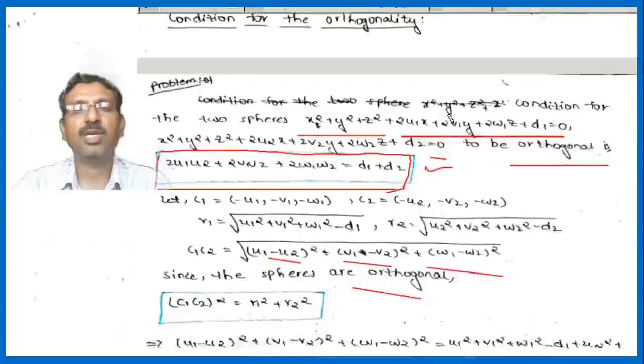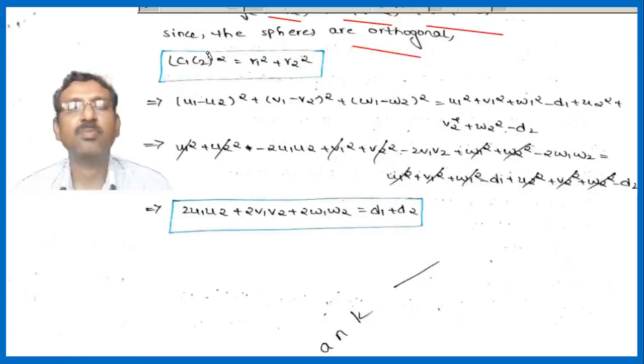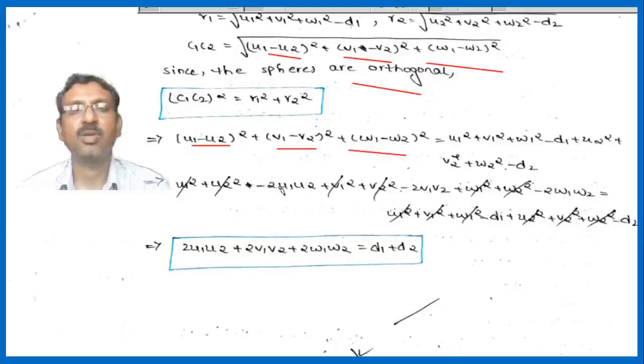Using the result, C1C2 whole square equals R1 square plus R2 square. Here C1C2 whole square, taking this part, and R1 and R2 with the squares removed. So here (a minus b) whole square, I am expanding the formula (a minus b) whole square three times.